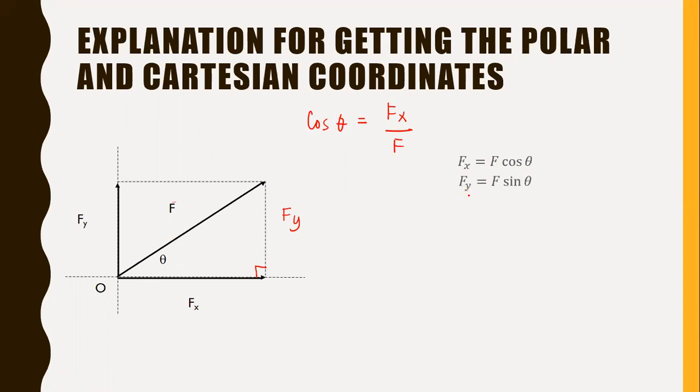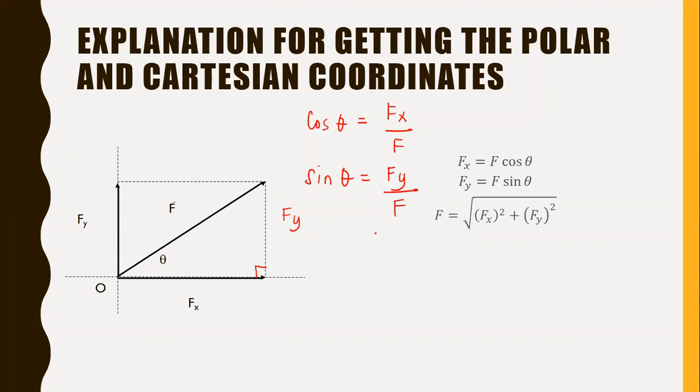Then for Fy, remember the trigonometric function: sine theta is equal to the opposite, which is Fy, over the hypotenuse. That is why Fy is equal to F sine theta, cross multiply.